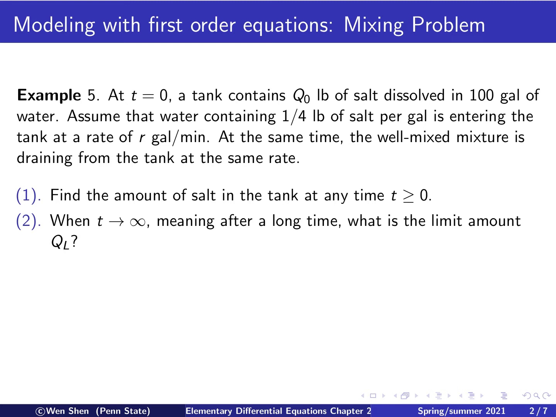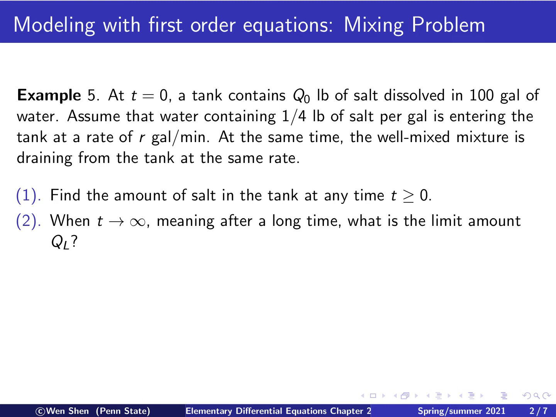So let's see. Here it says at t equals 0, at the beginning of the time, we have a tank, and inside the tank we have a mixture of salt and water, that is Q naught pound of salt dissolved in 100 gallons of water.